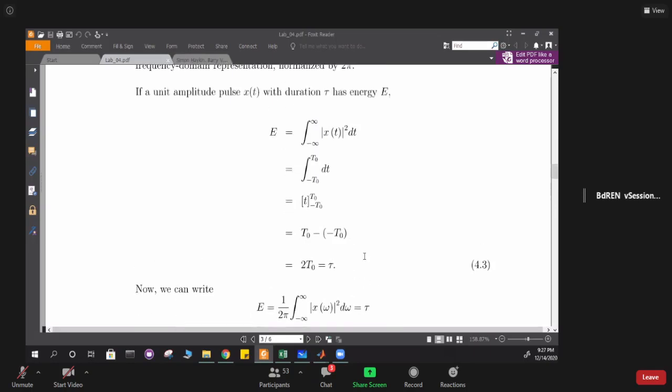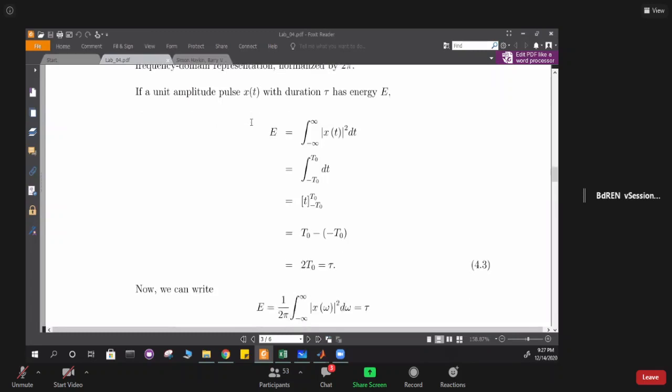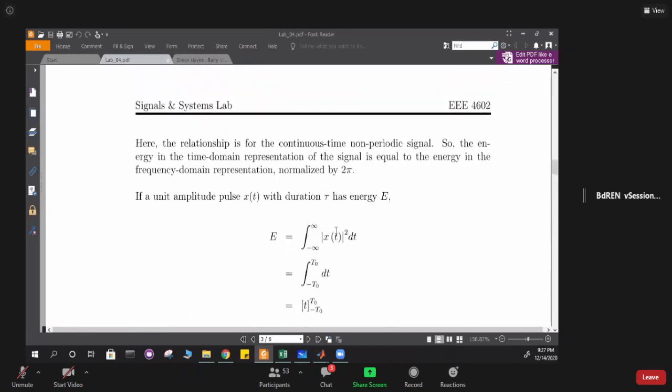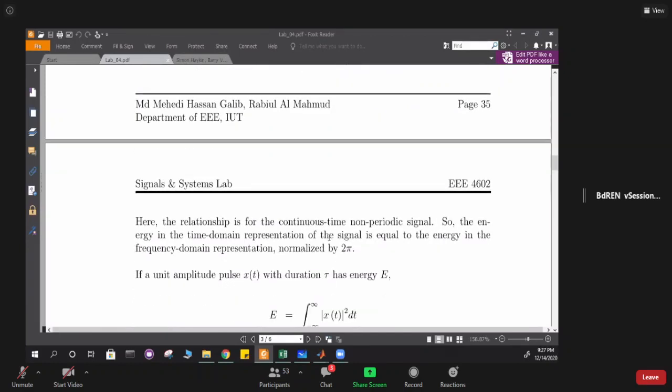We know x(t), we know the total energy, and we know X(jω). Whenever we put X(jω) here and integrate to calculate this energy, if it equals tau, then Parseval's theorem will be verified. Obviously we'll be doing this in MATLAB.